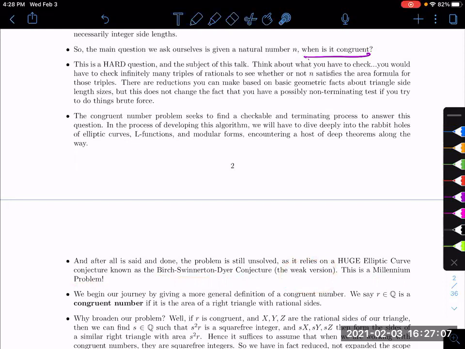And you might say, well, which direction of the if and only if is it? Is it the direction where we start with n is congruent and we end up with a nice condition? Or is it the direction where we start with this nice condition and end up with n is congruent? Unfortunately, it's the latter, which is the one we really want to be true. But I think you'll agree with me that the BSD conjecture is most likely true.